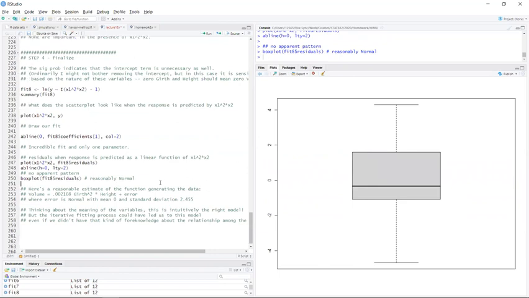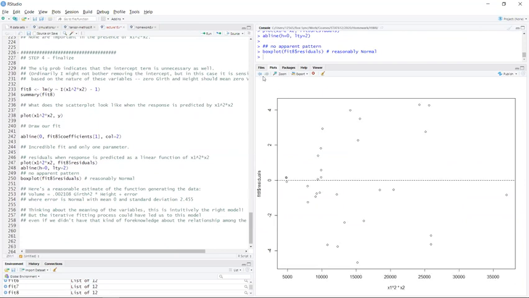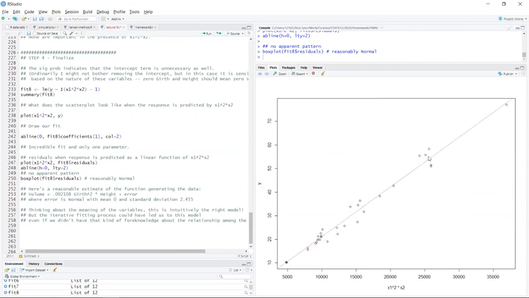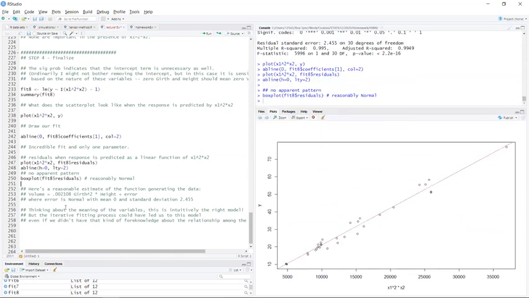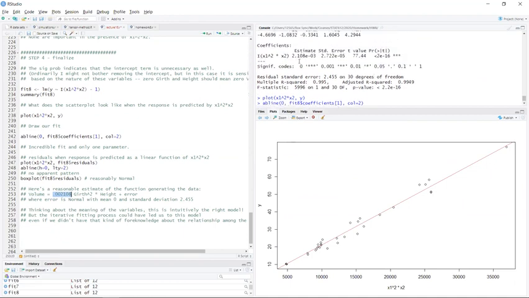So we can say, all right, well, we think that the true data generating mechanism is that, how about volume, the response, equals our coefficient of our final fit.